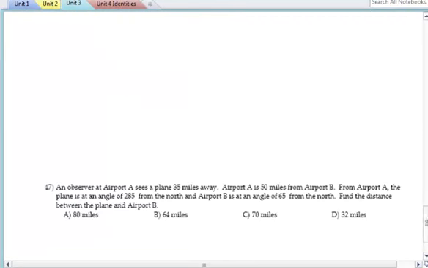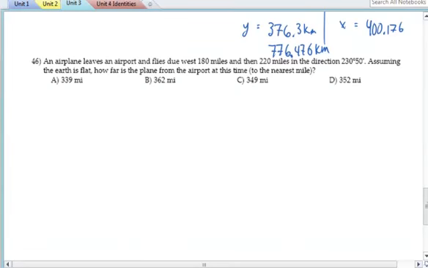Last problem, oh shoot, second to last problem. Okay, it's an airplane that is flying through the air.